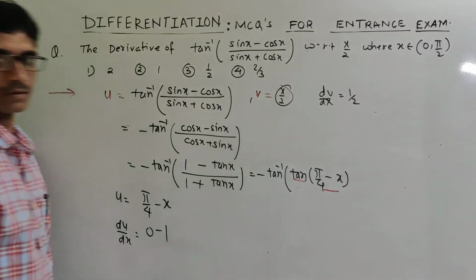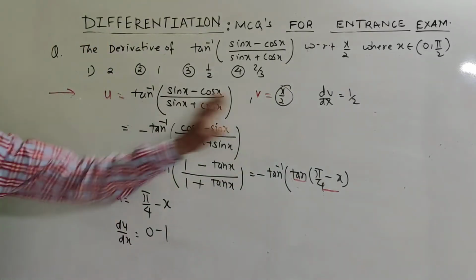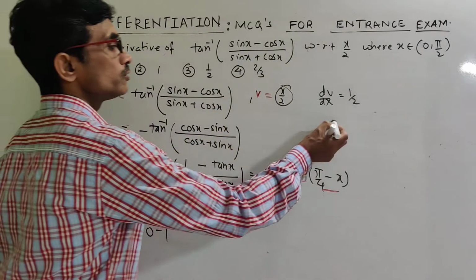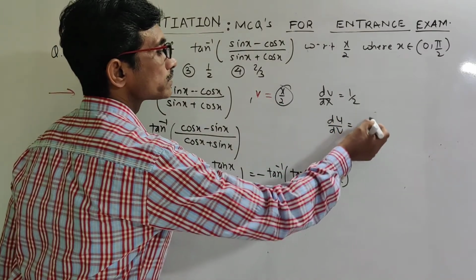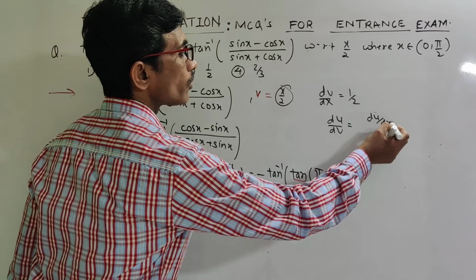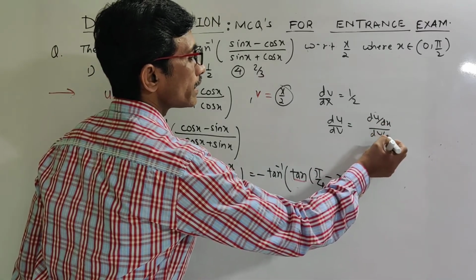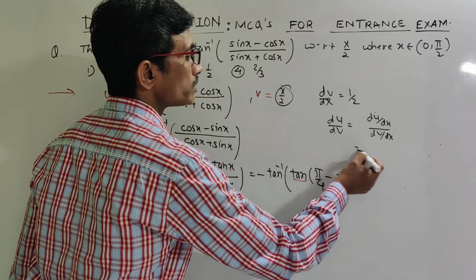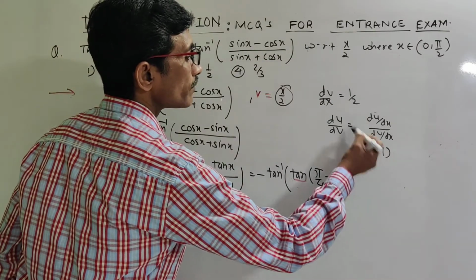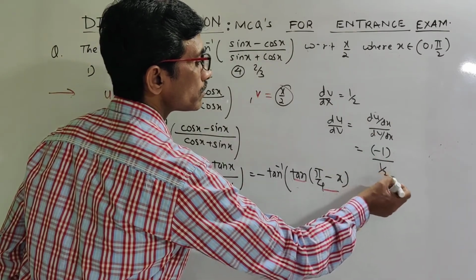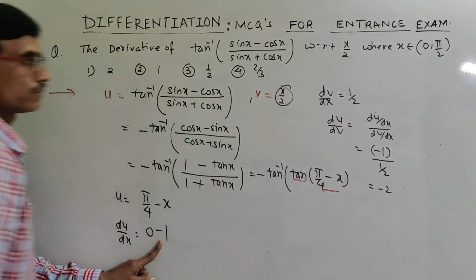So derivative of this function with respect to this function, du by dv, is equal to du by dx upon dv by dx, which is minus 1 divided by 1 by 2, which is minus 2.